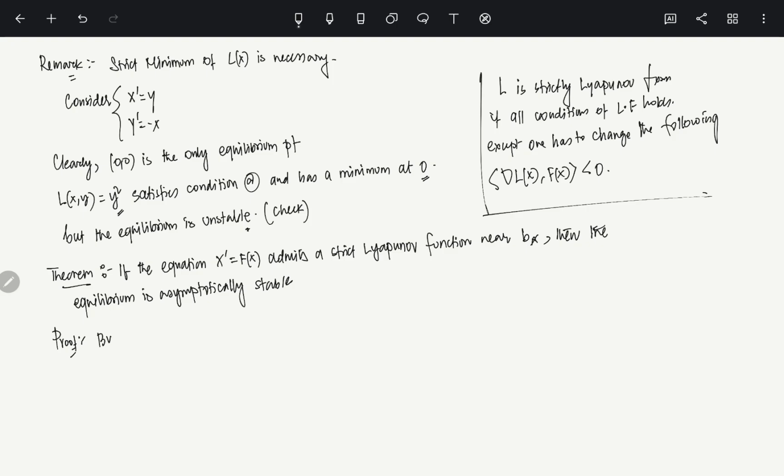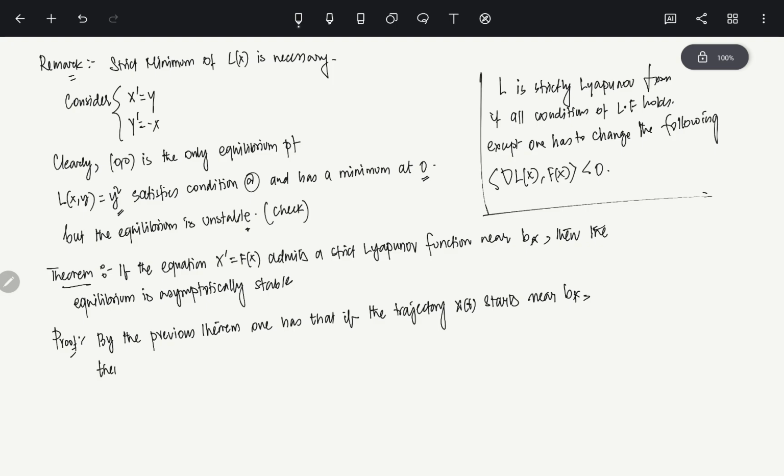So, by the previous theorem, any trajectory x of t that starts near B star exists for all time t greater than or equal to 0 and stays in a compact neighborhood of B star.